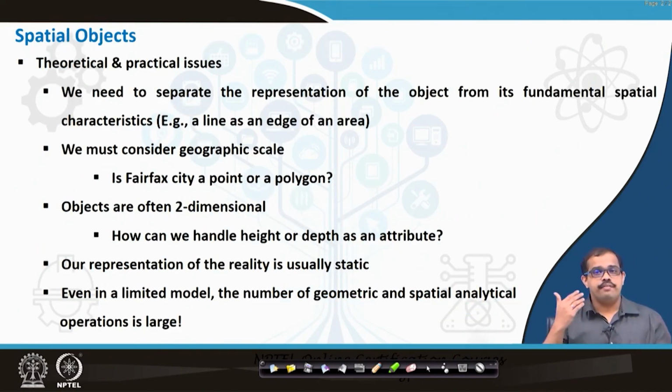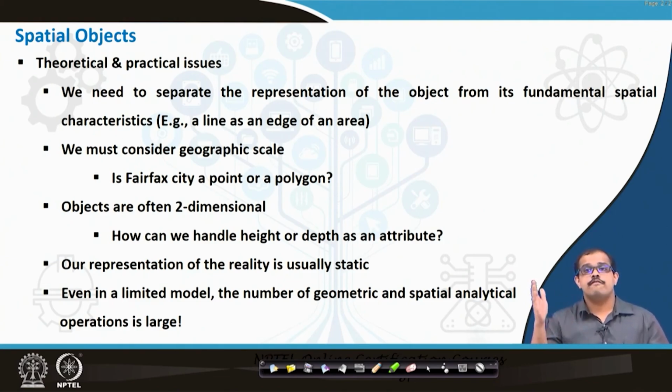Now, if it is a spatial object, when you are looking at both theoretical and practical use, we need to separate the representation object from its fundamental spatial characteristics. For example, if there is a line on the edge of an area or polygon, remove it, correct it. We must consider the geographical scale.